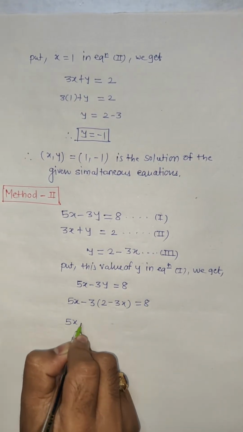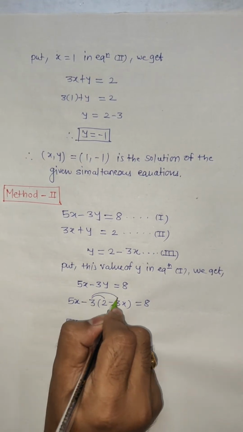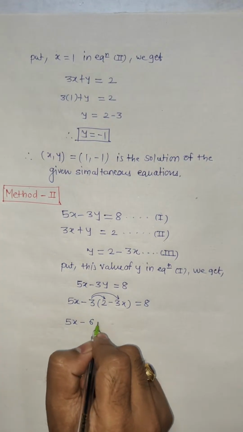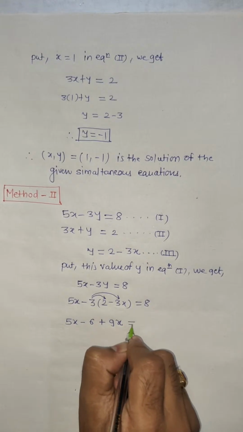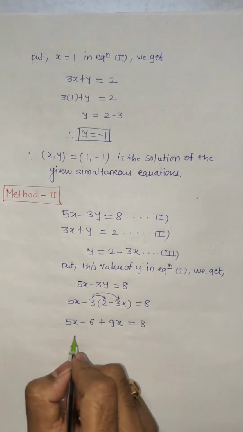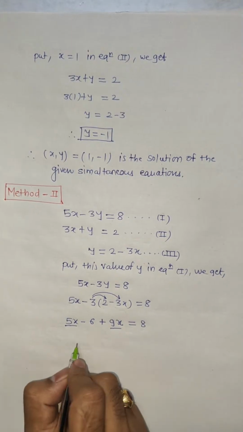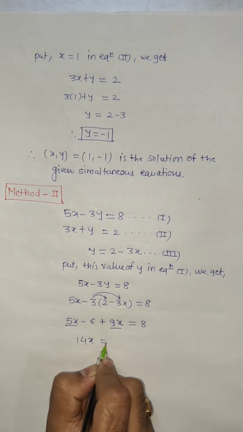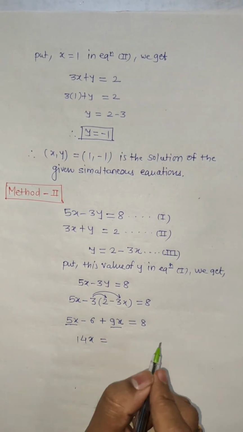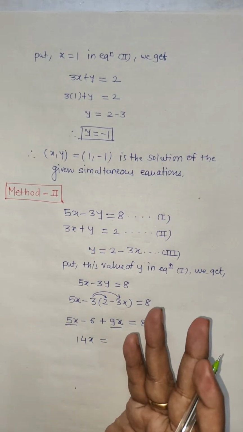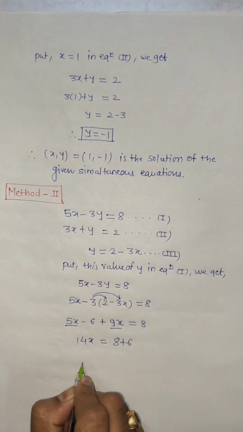So 5x minus 6, since 3 twos are 6, and 3 threes are 9, plus 9x is equal to 8. Here we will get the value of x. 5x plus 9x, that is 14x, is equal to 8 plus 6 after transposing the constant term to the right hand side, where the negative term becomes positive.